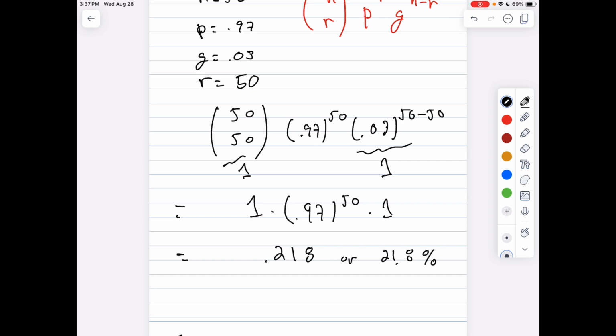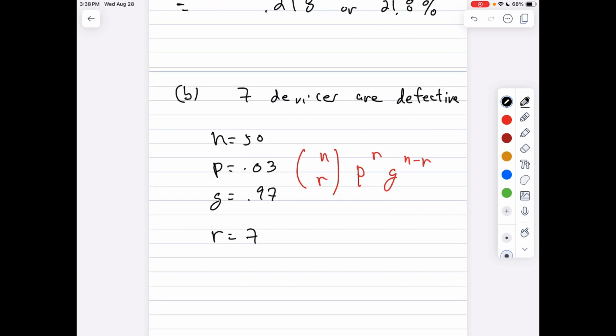Okay, so now for part B, the question is what is the probability that 7 devices are defective? Here your n is 50, but pay attention to this: p is going to be 0.03 this time, because success for me means not that the devices work, but that the devices don't work.